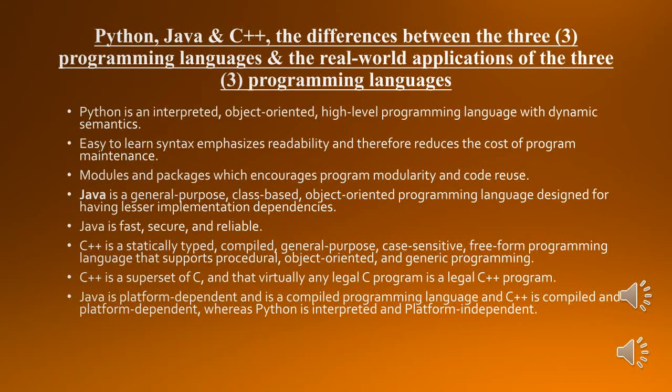C++ was developed by Bjarne Stroustrup starting in 1979 at Bell Labs in Murray Hill, New Jersey as an enhancement to the C language and originally named C with Classes, but later it was renamed C++ in 1983. C++ is a superset of C, and virtually any legal C program is a legal C++ program.